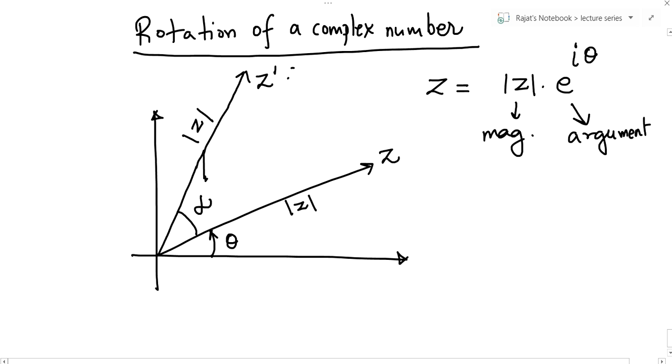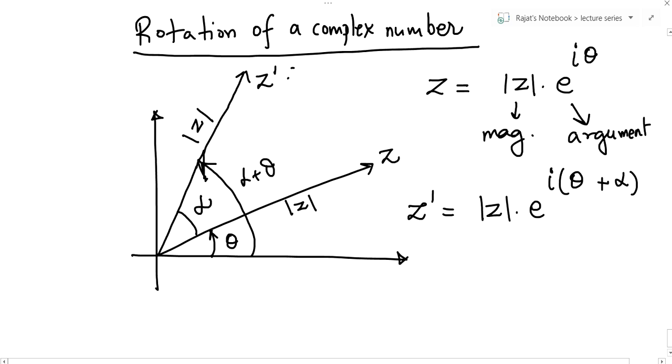Now I want to rotate it and change it into z dash. So I can write z dash will be equal to mod z, because the length is the same, e to the power i. Now this complex number z dash is making an angle alpha plus theta with the positive direction of the x-axis. So I can write it as theta plus alpha.